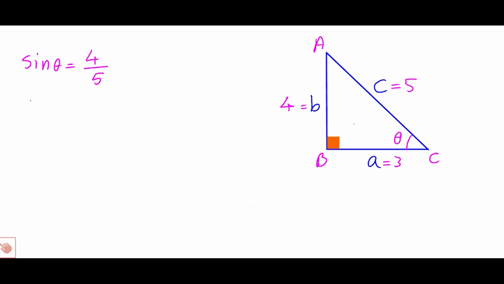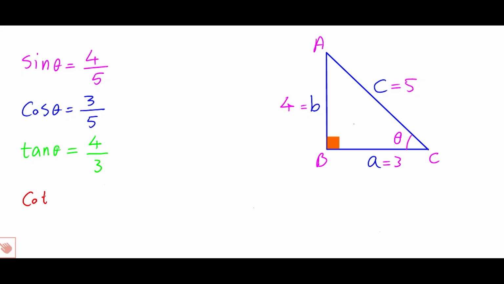And cosine theta is adjacent over hypotenuse. So cosine theta is 3 over 5. And tangent theta is the opposite side divided by the adjacent side. So tangent theta is equal to 4 over 3.